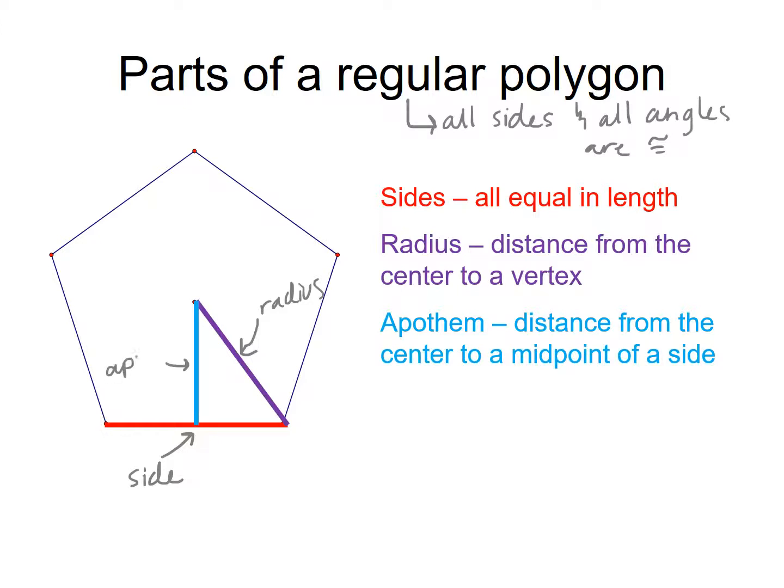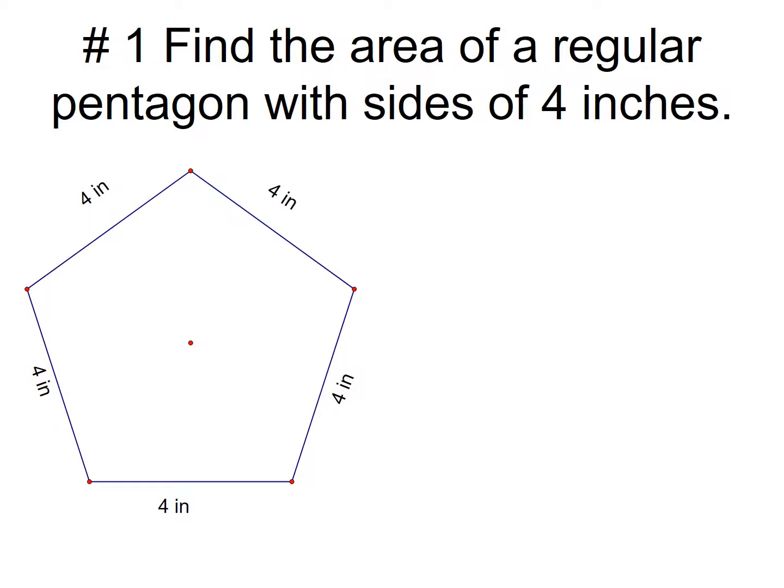Every one is equally important: apothem, radius, and side. Understanding what this means, so that when we go forward and those words pop up, it's not new for us.